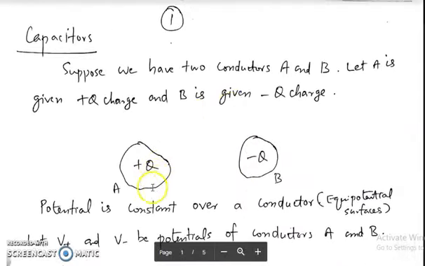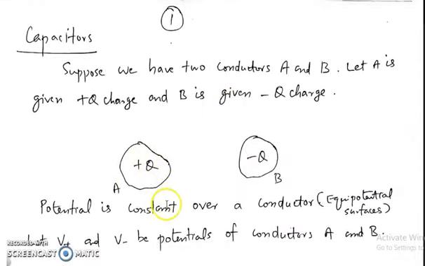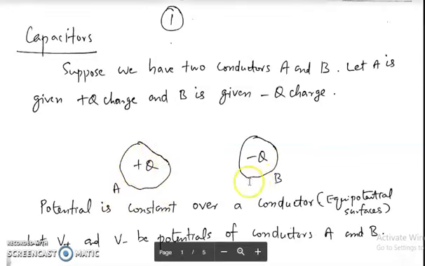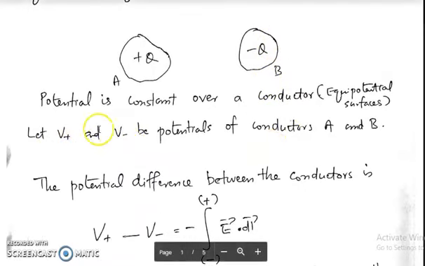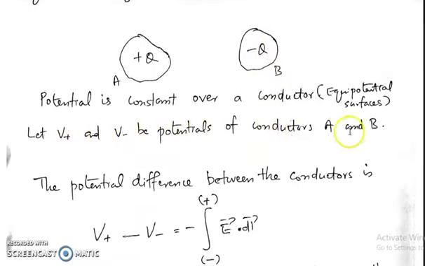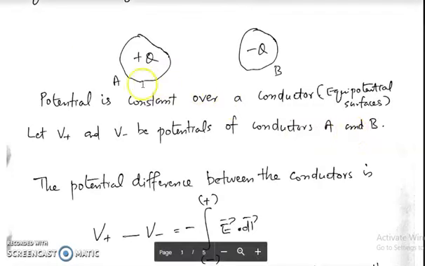And we know in the case of a charged conductor, potential is constant over a conductor. So potential over this is V plus, potential over this is V minus. V plus and V minus are the potentials of conductors A and B. So what is the potential difference?